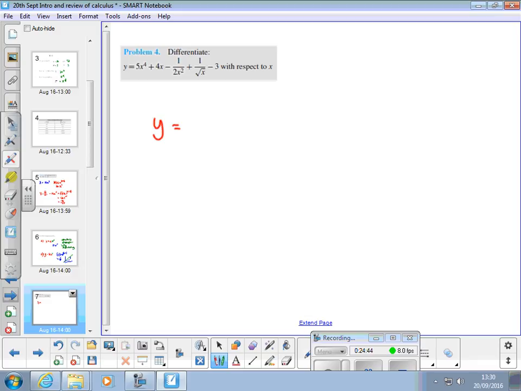No, leave that as it is. Do we need to do anything with 4x? Do we need to do anything with minus 1 over 2x to the 2? What are we going to do with that? Still got to be a minus.